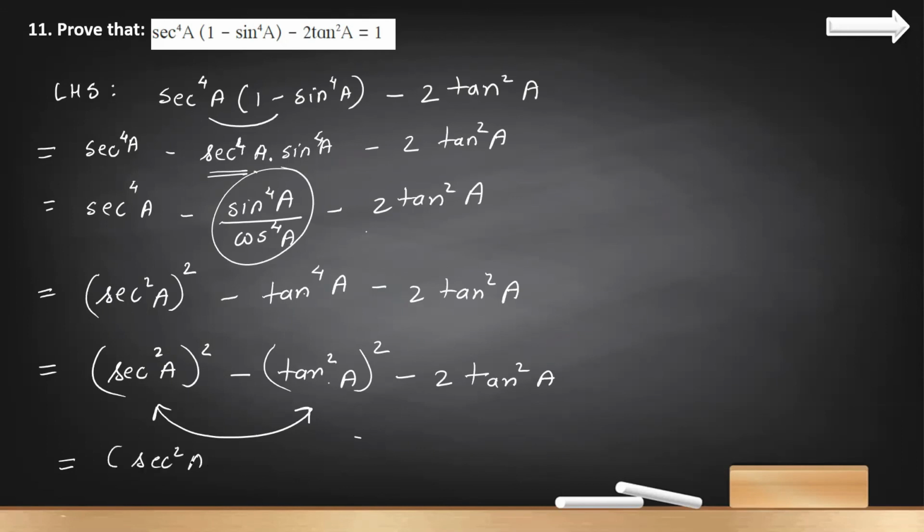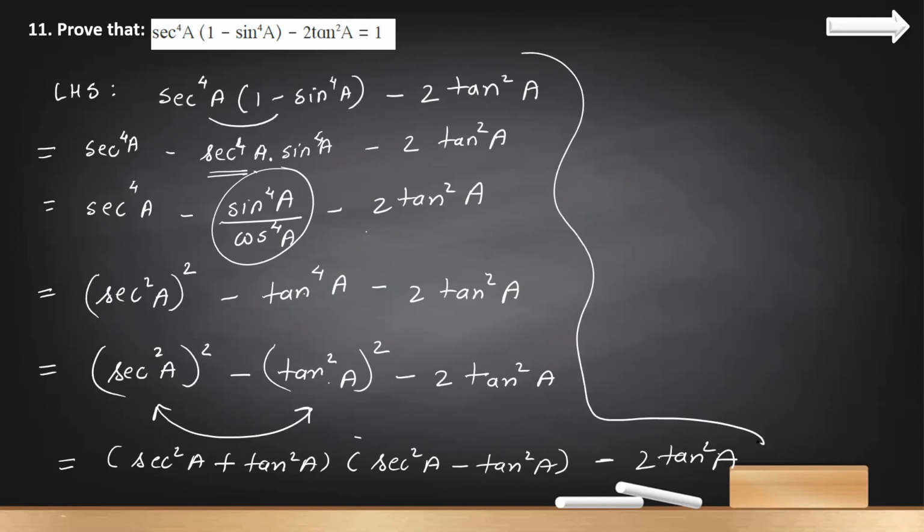So (sec square A plus tan square A) into (sec square A minus tan square A) minus 2 tan square A. Right? Now, we know that sec square A minus tan square A is going to be 1.